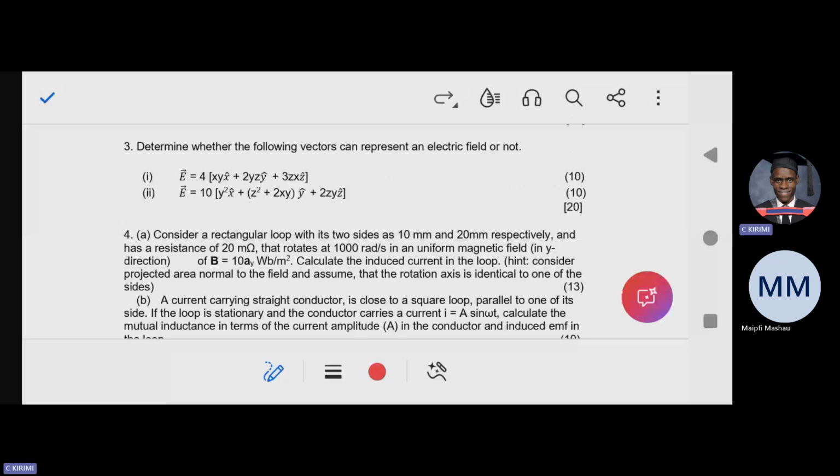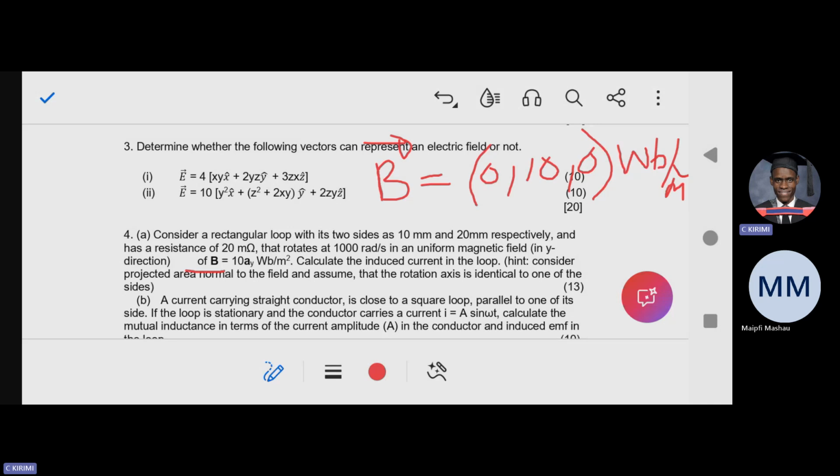Magnetic field given by the letter B. Remember, B is a vector. B as a vector is equal to: the X component is 0, the Y component is 10, the Z component is 0, and the units are Weber, WB, per meter square.